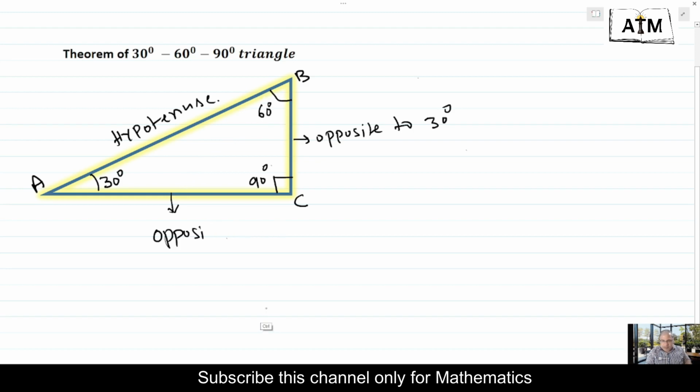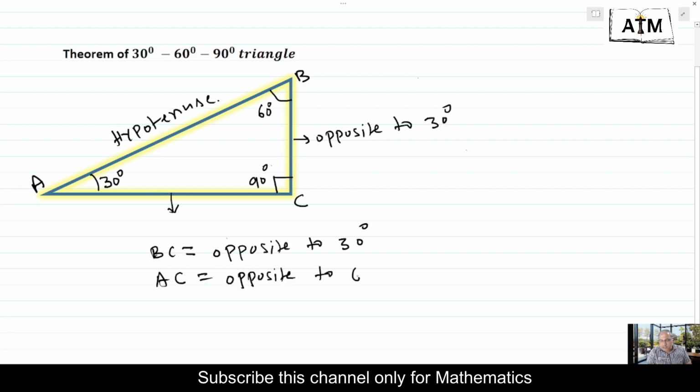So what to write? BC is nothing but opposite to 30 degrees. And what is AC? AC is nothing but opposite to 60 degrees.